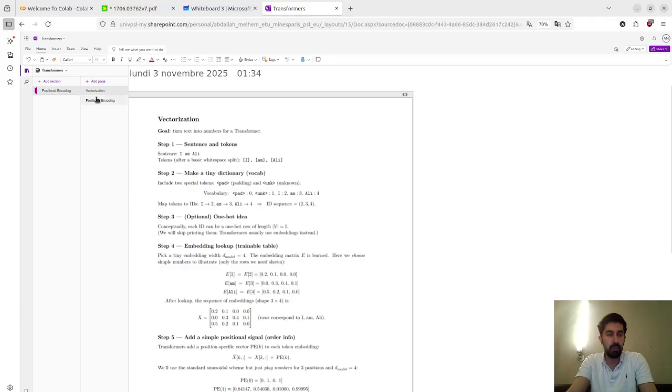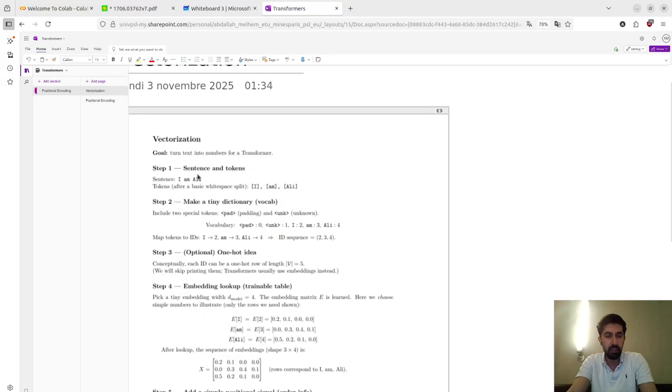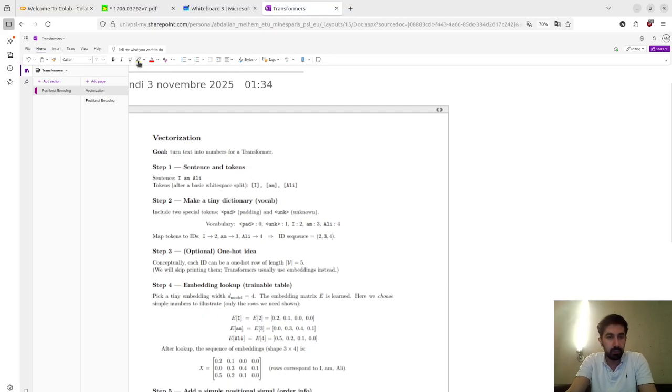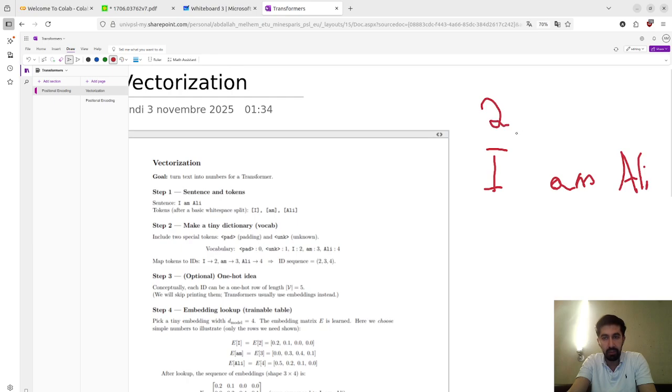So I made this tiny notebook over here about vectorization and how it happens. Simply speaking, we have a sentence. Let's say, I am Ali. First we give each word an index. For example, this gets index 2, this gets index 3, and this gets index 4.